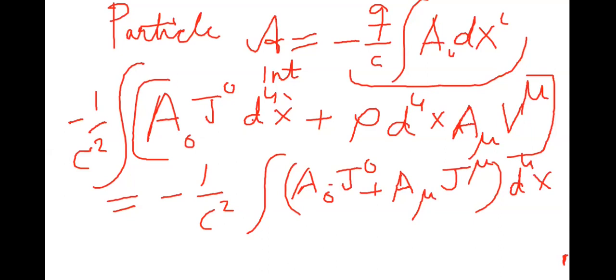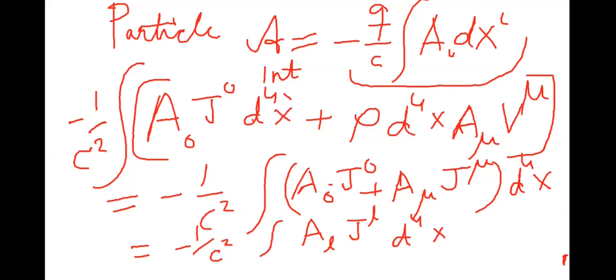So this is 1 by c square, and al jl. Can use a dummy index. L goes from 0 to 3, so the 0 term is there, and 1 to 3 are sitting in the second term there. So al jl.